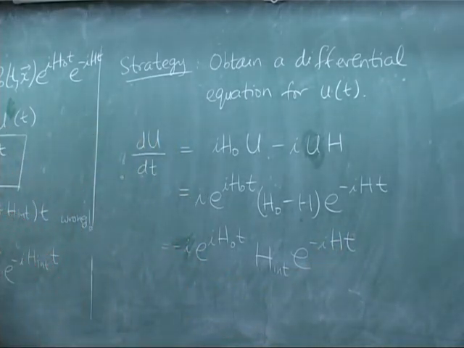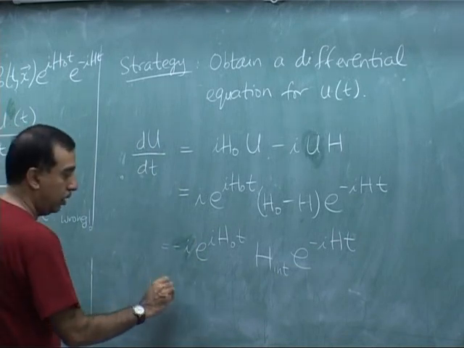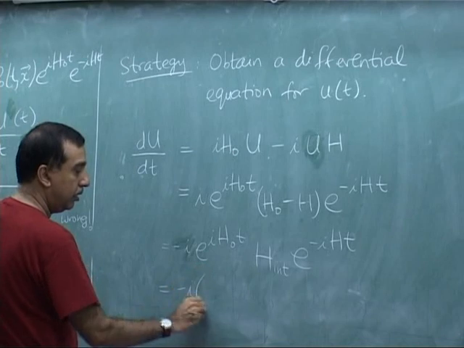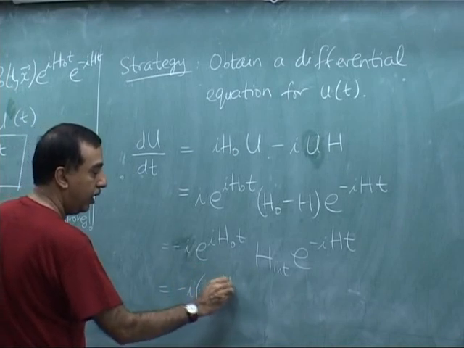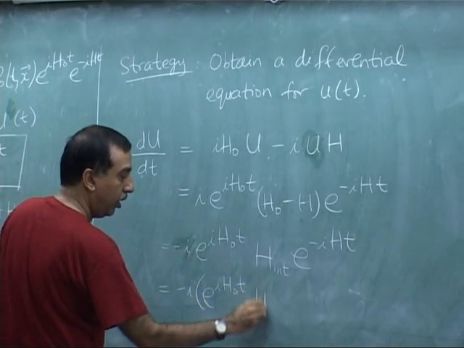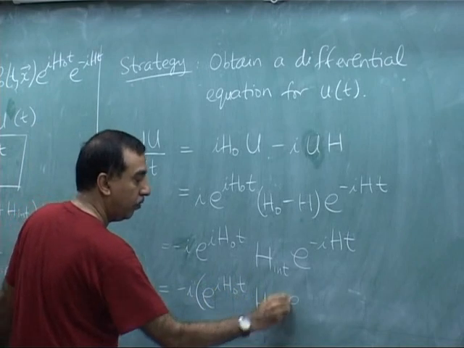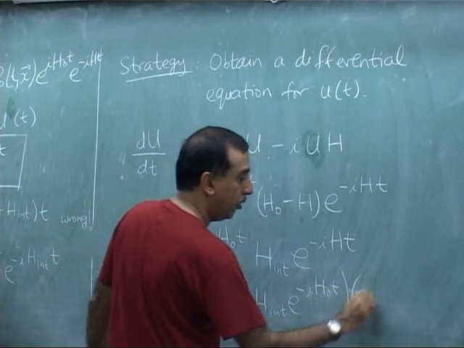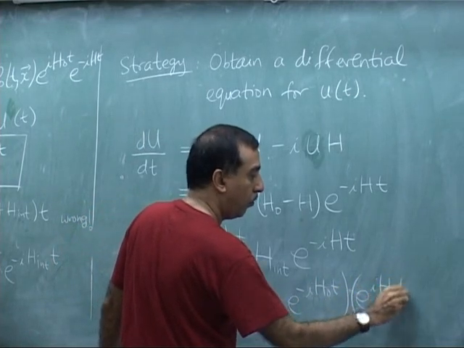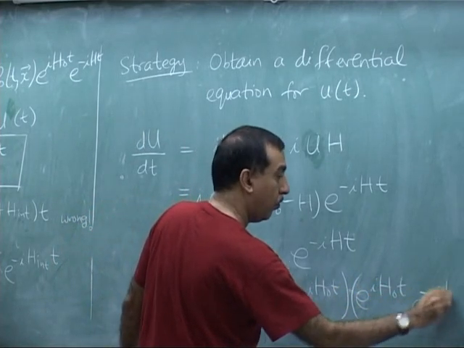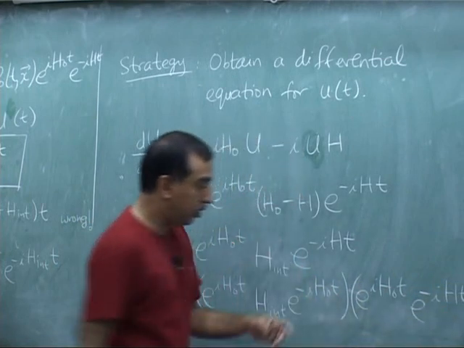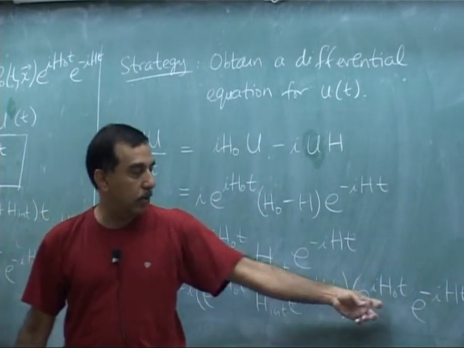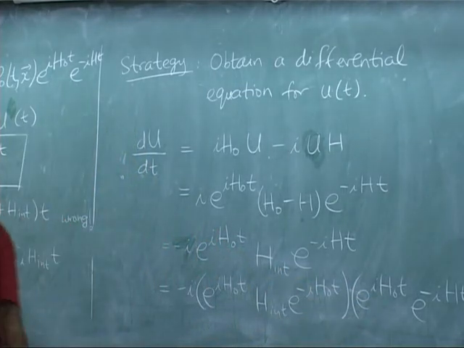In the last step, I write this as e to the IH naught t, H interaction, e to the minus IH naught t, so I introduced a pair of e to the minus IH naught t, e to the plus IH naught t.